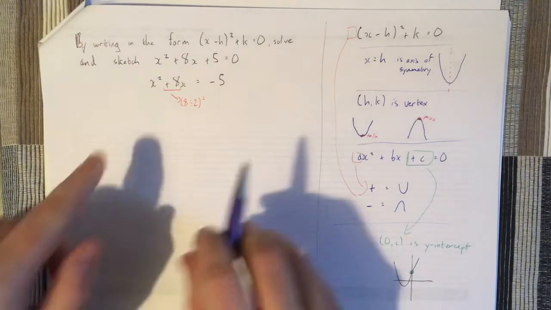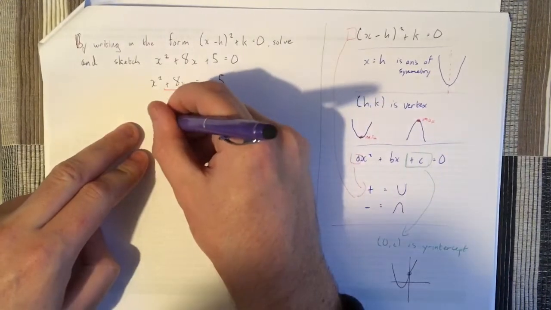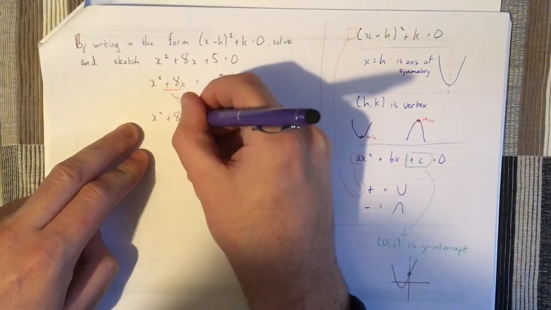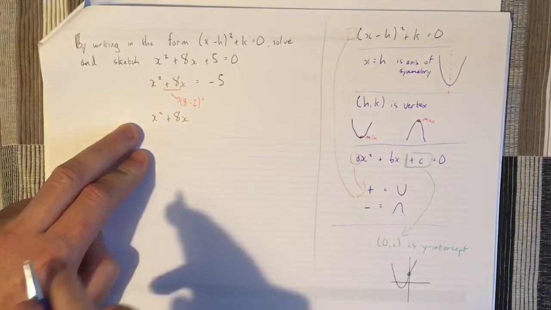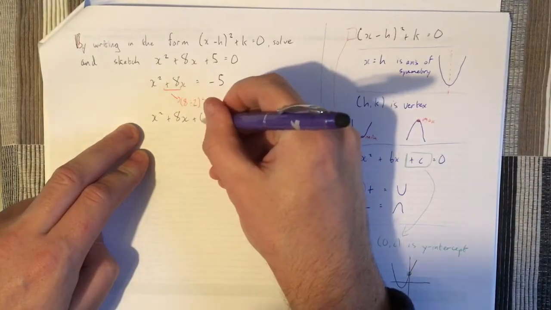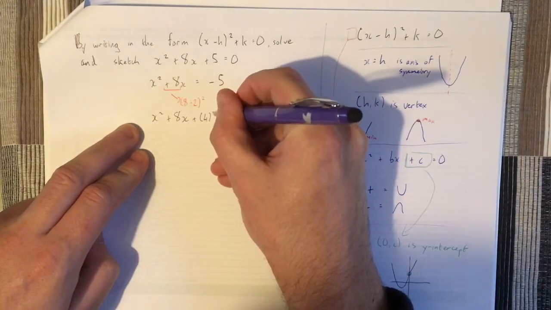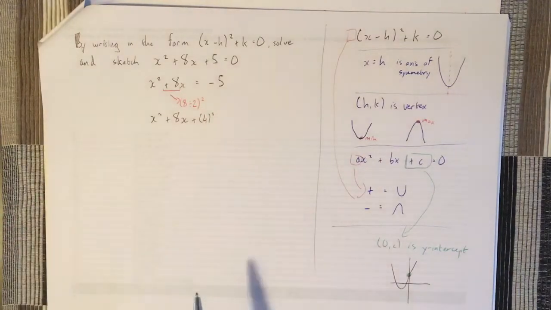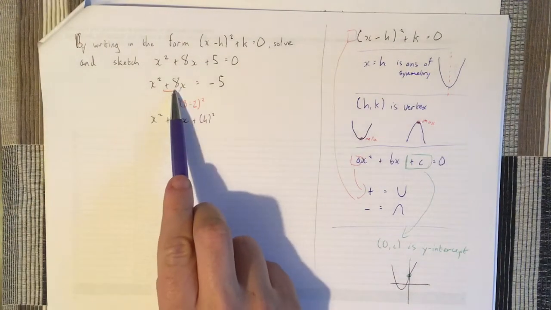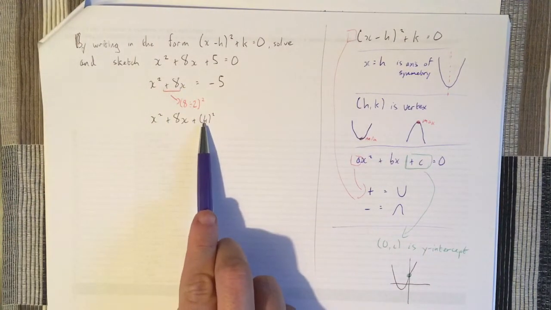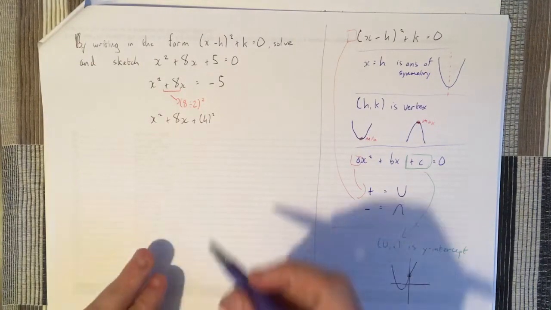So I have x squared plus 8x. 8 divided by 2 is 4, so it's plus 4 squared. Okay, if this was minus 8x, I'd have minus 4 squared. Okay, so take the sign in as well.